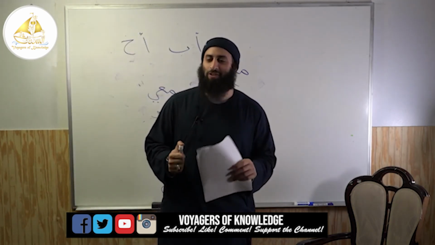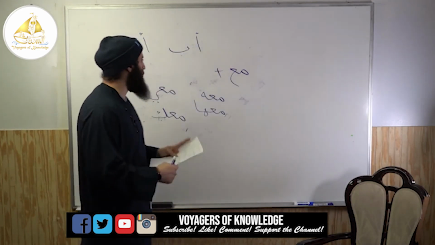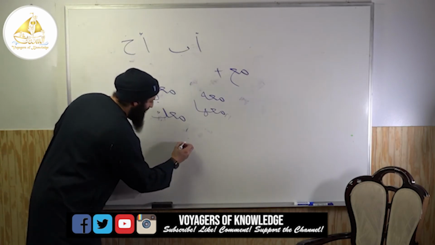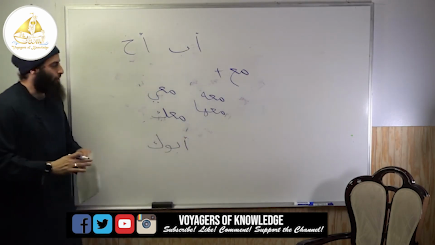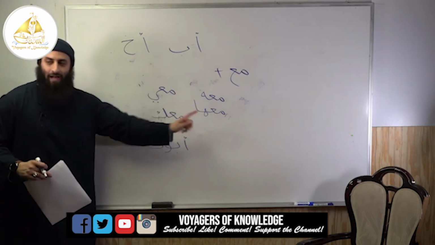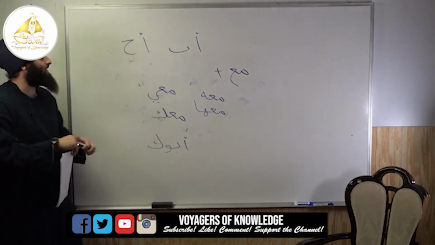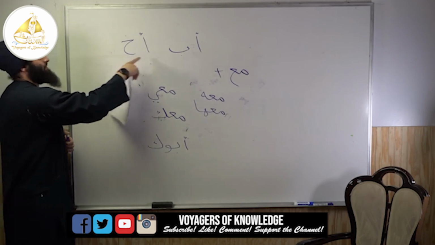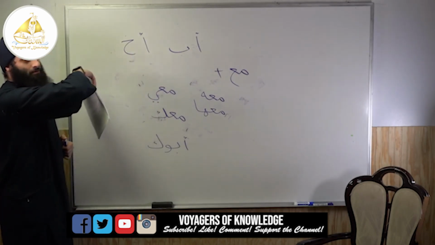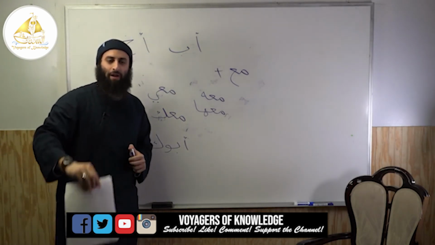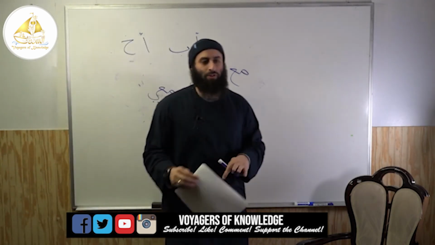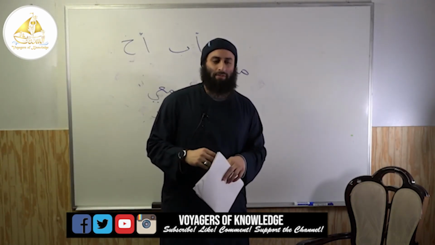So the goal was that you should say something like abuka and akhuka, or abuhu and abuha. Anything else, like if you said akhu Muhammad or abun, that waw does come back. Remember earlier we said Abu Muhammad, right?